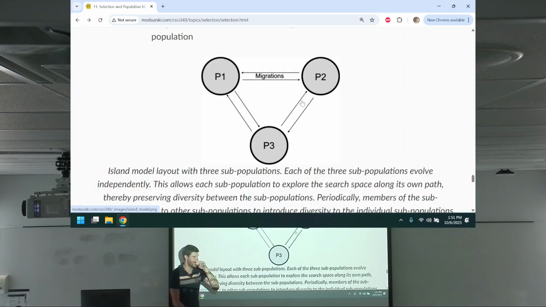But the problem is, if you already have a population that's converged, and you add 3 things that are very different, they're going to get stomped out quickly. So you need to have a critical mass of migration in order for this to really happen.